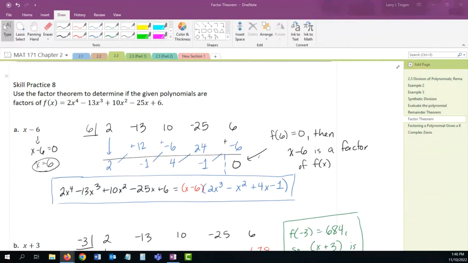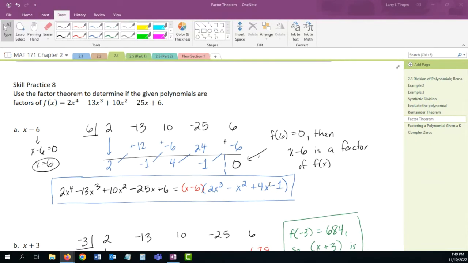I'm quickly bringing up the graph here because I want to show you what this means for the graph. So in this problem, we did synthetic division. We found out that I get a remainder of 0. That remainder of 0 lets me know that if I plug 6 in for x, I get 0 out.